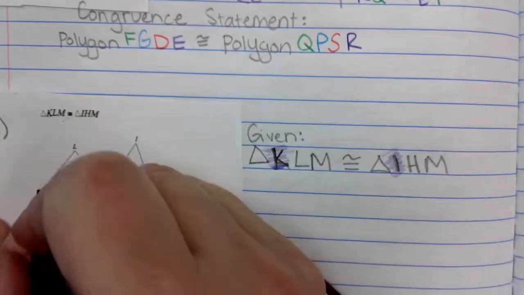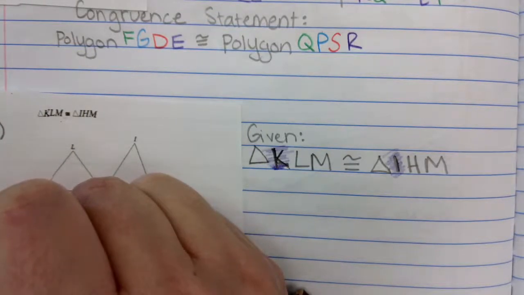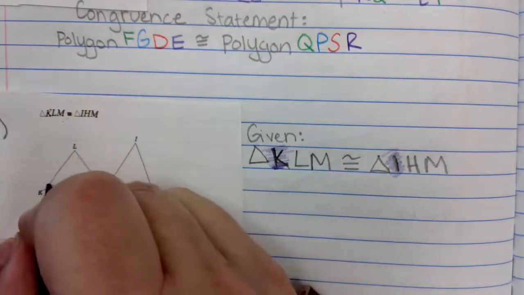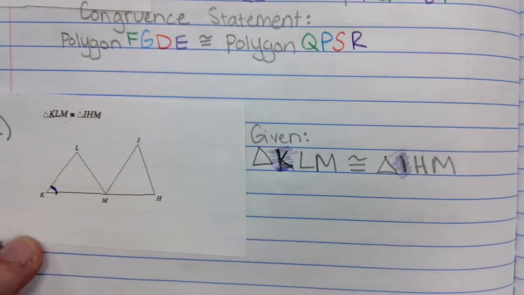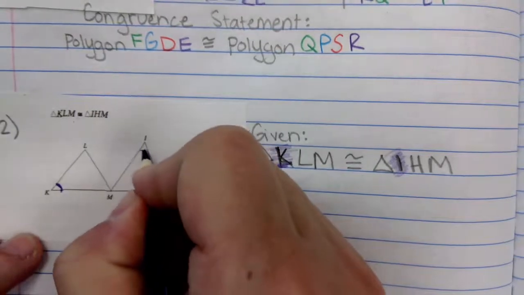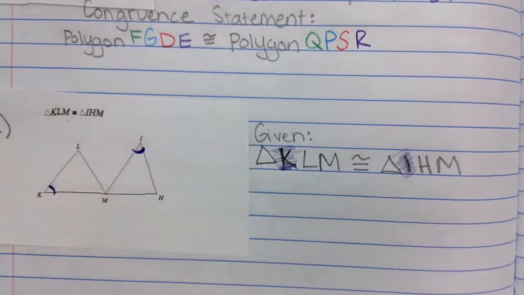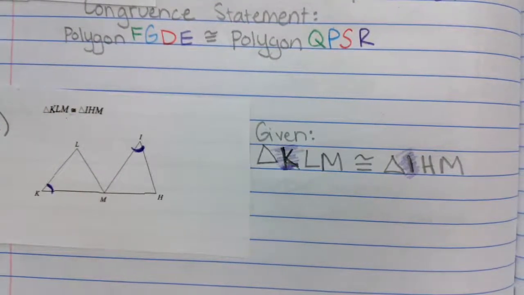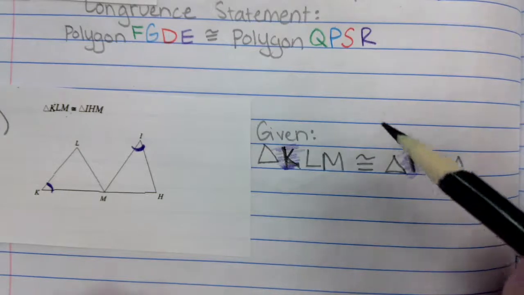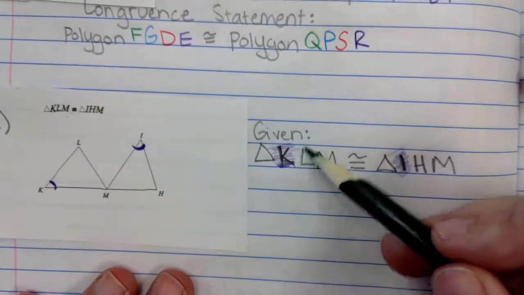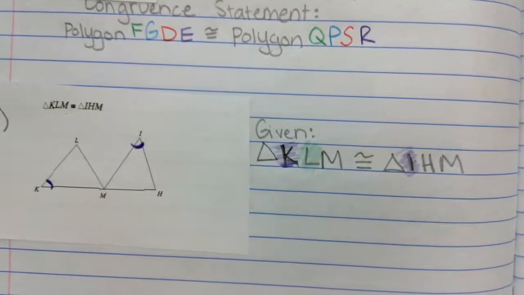So I'm going to mark angle K with one arc, which means angle I also gets one arc. So these are actually the angles that line up. Then if we look at angle L, what's going to line up with angle L?